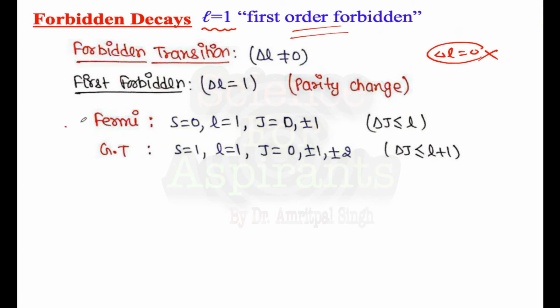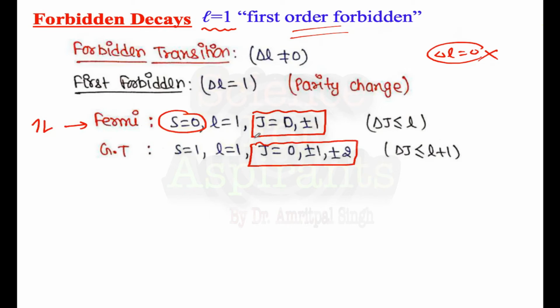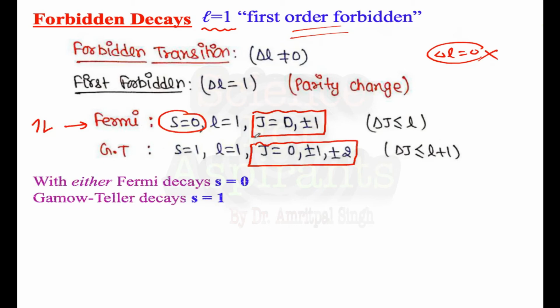If the electron and antineutrino have anti-parallel spin and satisfy this condition, they are known as first order Fermi allowed transitions, and if they satisfy this J value, they are known as first order GT transitions. There are cases which satisfy both types, and they are known as first order mixed transitions.